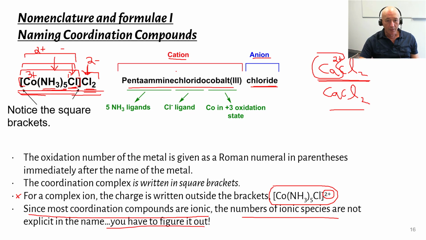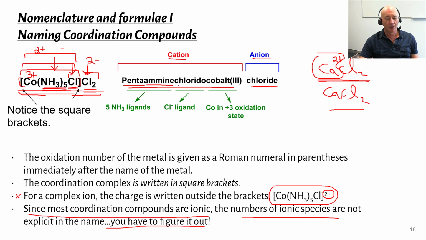Okay, so how do we name this? Well, we've got 5 ammonia groups. Now, it's not called pentaammonia. The naming convention is the ammonia groups are named ammine. So this is pentaammine. So you name them first.